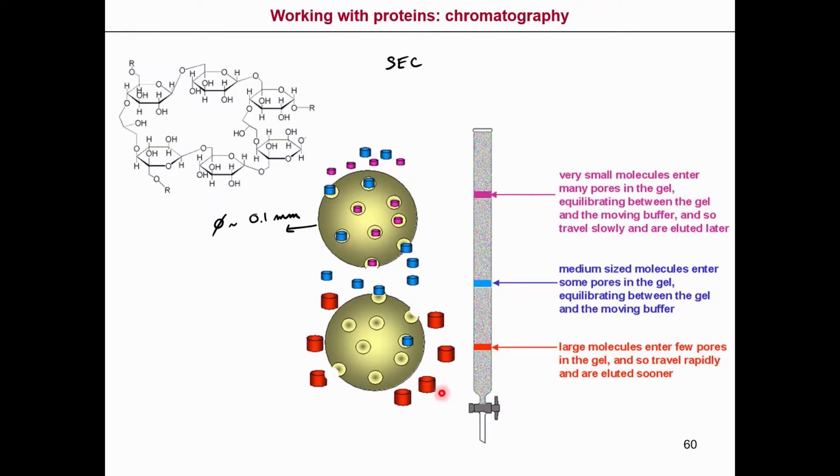The larger molecules cannot enter the pores, so they will travel rapidly and elute sooner. It means that in size exclusion chromatography, the small molecules will be retained by the gel, and the large molecules will be eluted first.